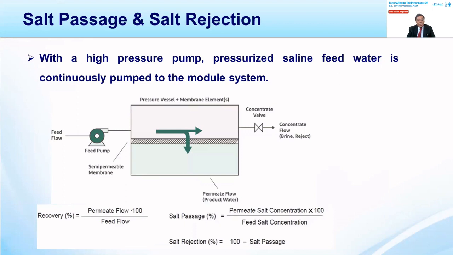The salt passage of the system comes around 1 to 2%, but for the individual membrane, the salt rejection is around 99.5 to 99.7%. But when it goes into the system, where you have installed 6, 8, or 12 membrane path length, then you see around 1% overall passage, and that we will discuss later.